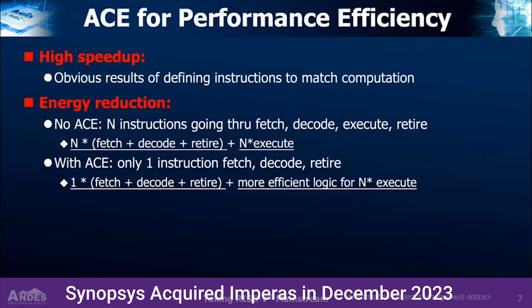But a side benefit is, we talked about, smaller code size. And a bigger benefit, especially for smaller systems, is reducing energy. Just fetching, decoding, executing instructions and write back takes a lot of power in the CPU.